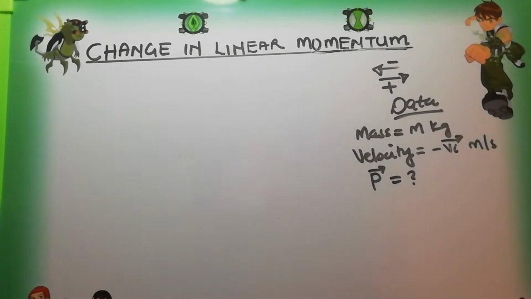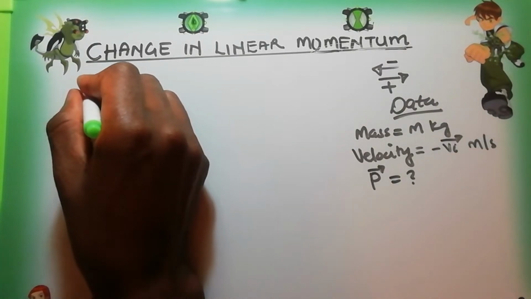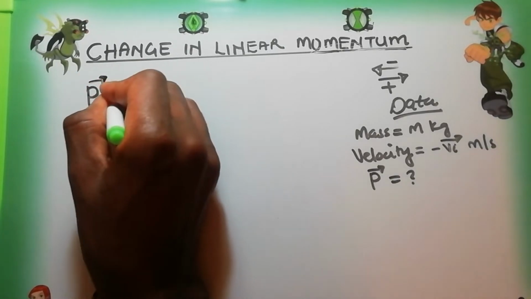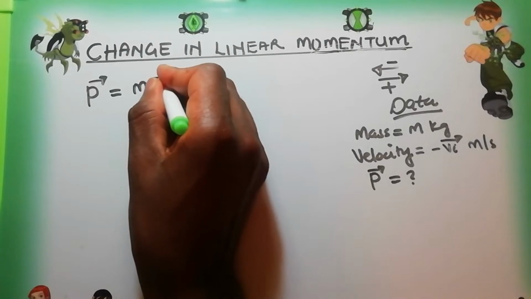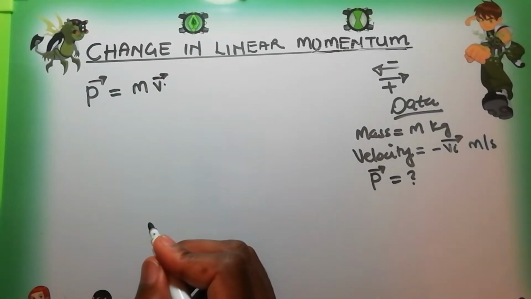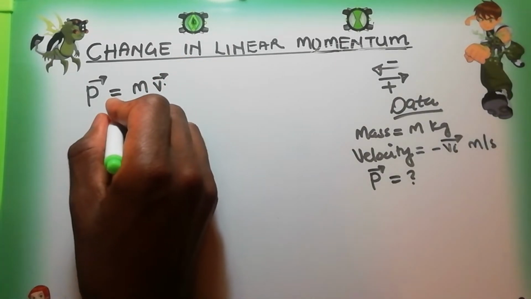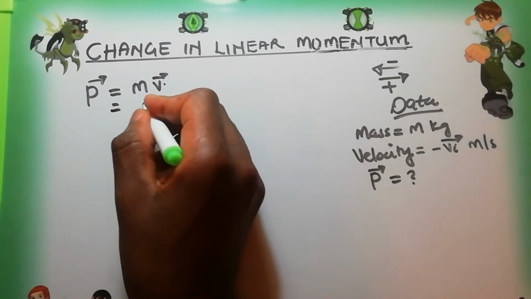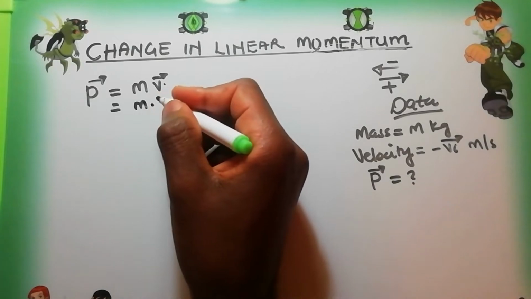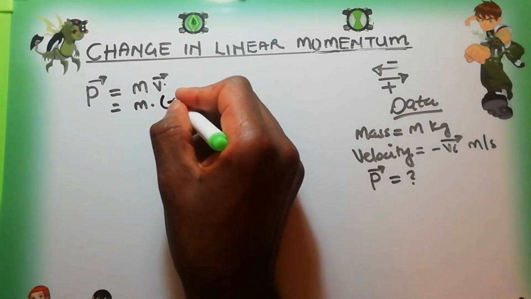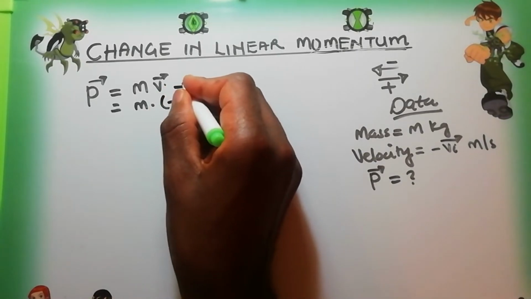So third step, we write down the momentum formula. P equals m multiplied by v. So now we are going to substitute our variables. Our mass is m, multiplied by our velocity, negative vi.